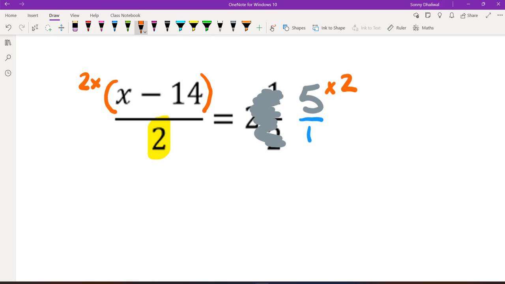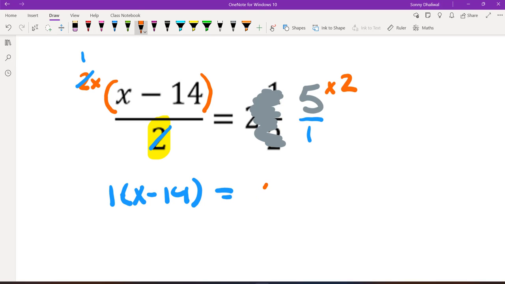So now we clean up. 2 fits into 2 how many times? Once. So I cross out this 2, I cross out this 2, put a 1 there. And so we're left with a 1 times x minus 14. And the other side, well, 1 fits into 2 times, so that doesn't change anything.